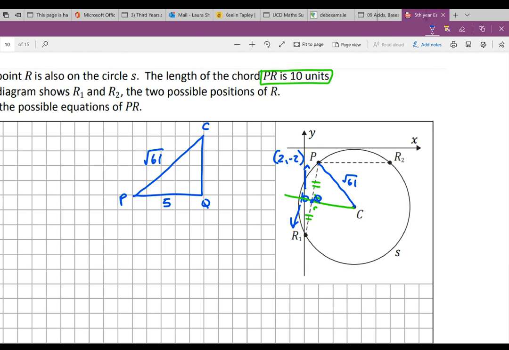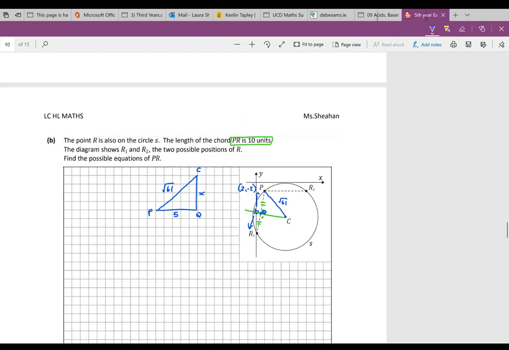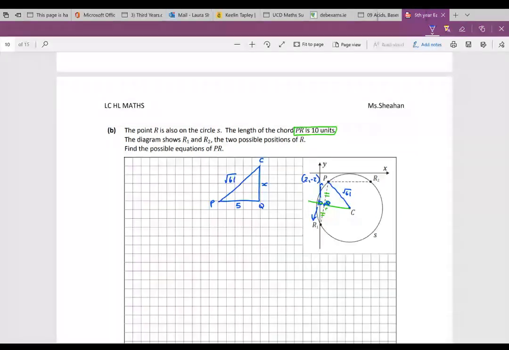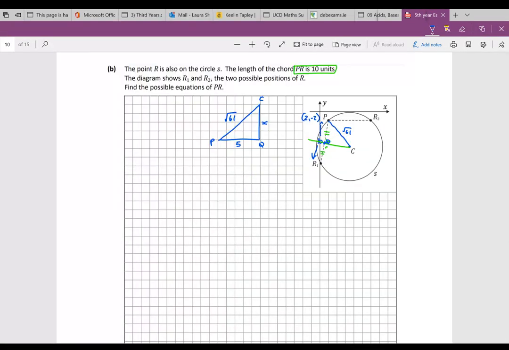If I find this distance, then I will know the perpendicular distance from the line PR to the point C. In general, if I'm looking for two possible outcomes, you should be thinking along the lines of the perpendicular distance formula. When I do Pythagoras' theorem, 61 is equal to 5 squared plus x squared, you will get that x is equal to 6.